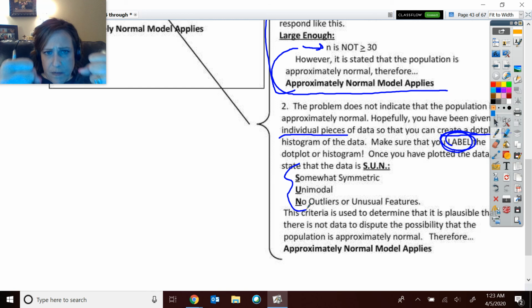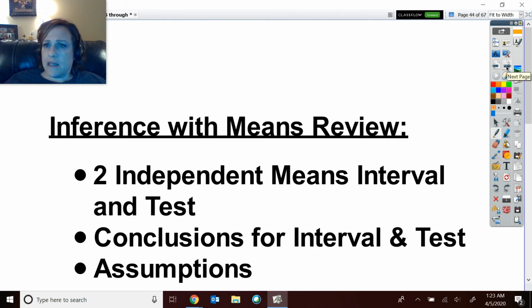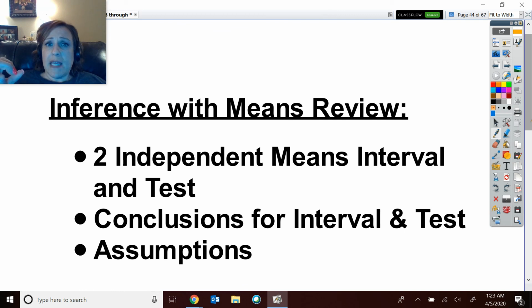And then you would say both of these show that both are somewhat symmetric, unimodal, and no outliers, okay? All right, so that is the end of talking about those two independent means and intervals and those conclusions that you can draw.